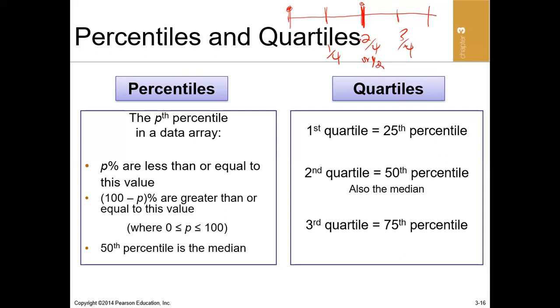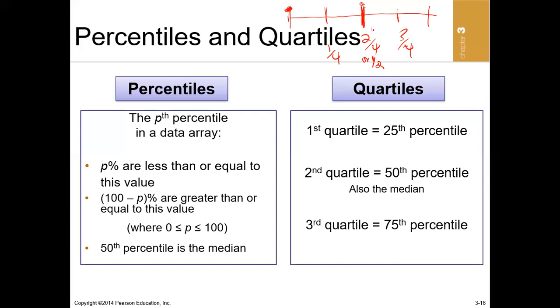So somebody may want to know, between the figure in the first position and the figure in the middle position, what is in their middle? The figure or position between the first figure and the middle position is what we call the 25th percentile or the quarter position.